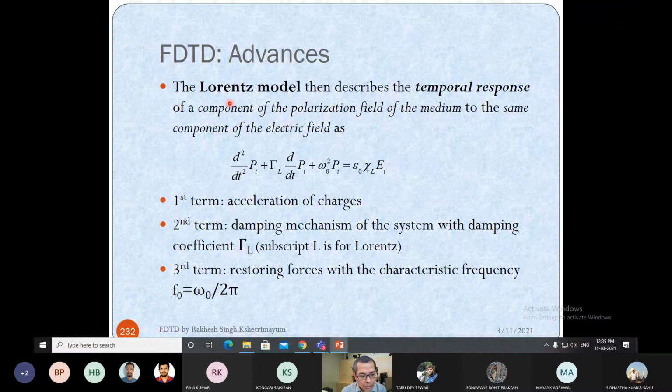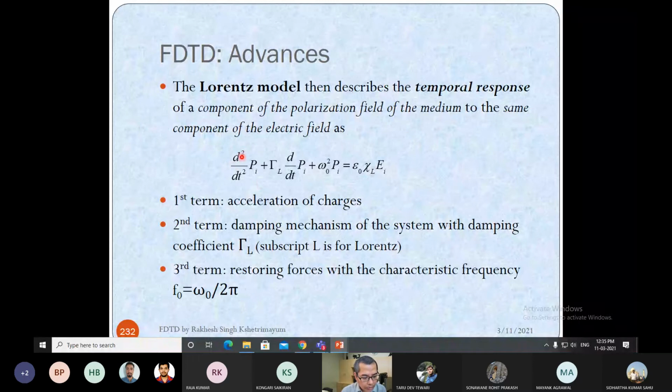In the Lorentz model, we describe the temporal response of the component of the polarization field of the medium to the same component of the electric field. So let's say this is Ex, then we are considering Px, Ey, then Py, Ez, then Pz. So same component of the polarization field and the electric field. Incident electric field is what we are applying to the medium. Polarization field is the field which is existing in the medium. So this model is very general, and from there we can take particular cases later on.